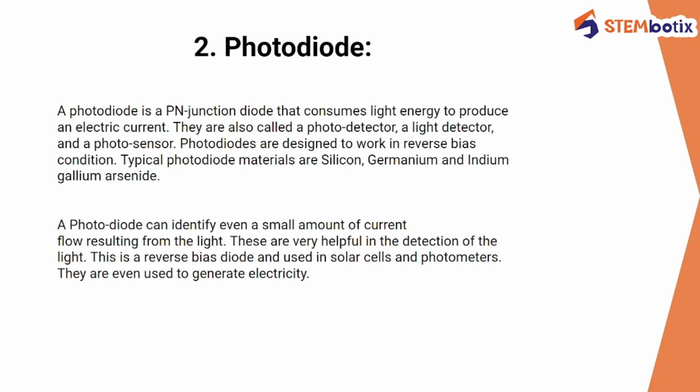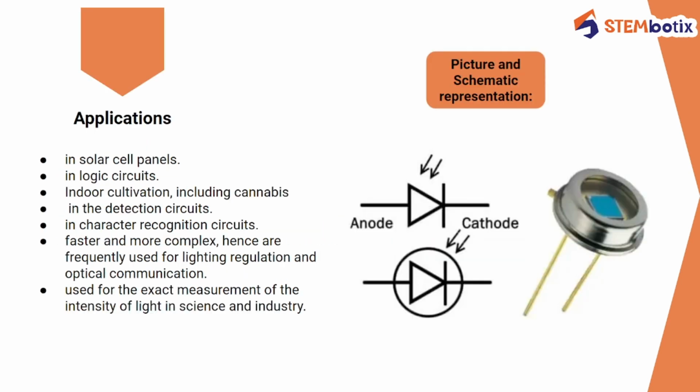So these are very helpful in the detection of light. This is a reverse bias diode used in solar cells and photometers. They are even used to generate electricity, and many times they are used as electricity generators.